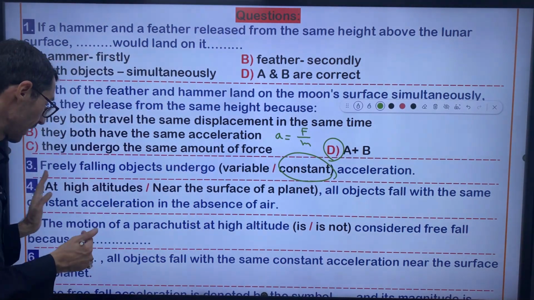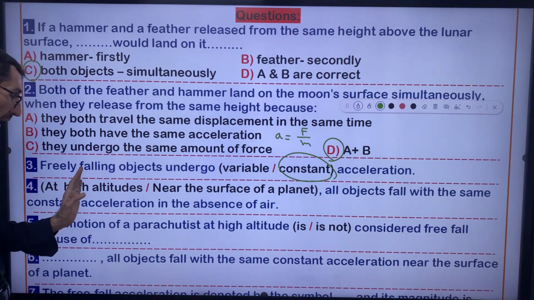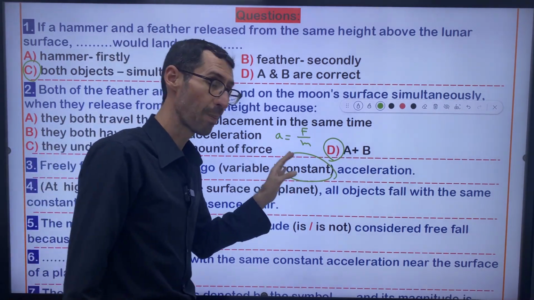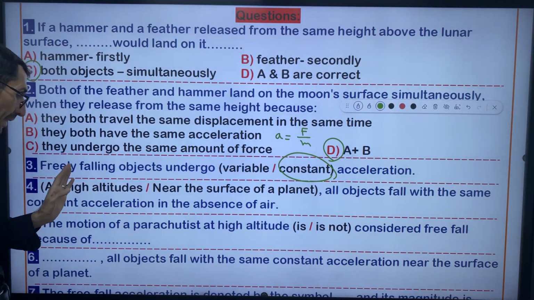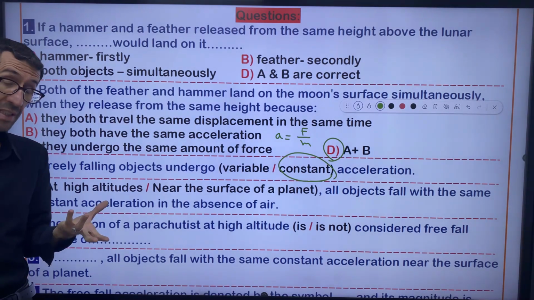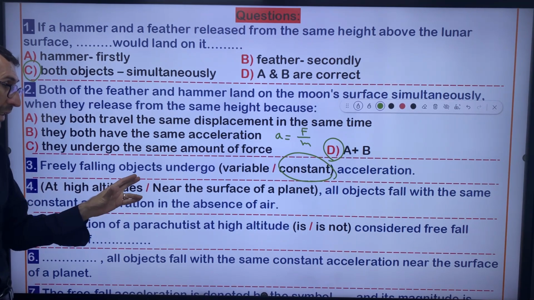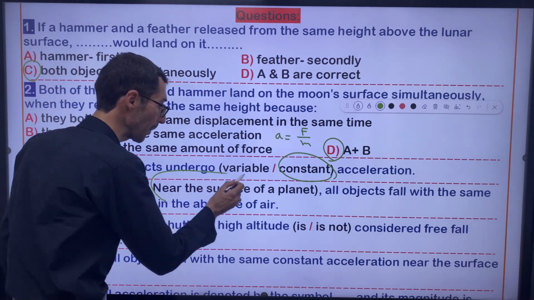So we have two options: either at high altitude or near the surface of a planet. All objects fall with the same constant acceleration in the absence of air resistance, at high altitude or near the surface of any planet.